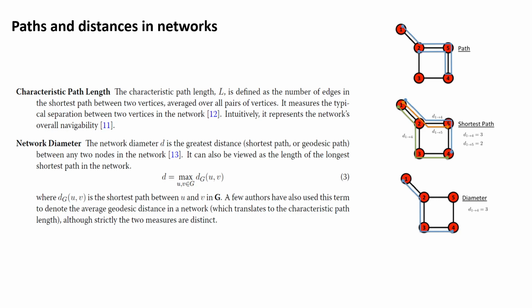The two distances and paths that I'll be talking about are, first, the characteristic path length, which is defined as the number of edges in the shortest path between two vertices averaged over all the vertices. It measures the typical separation between two vertices in the network. It basically represents the network's overall navigability.